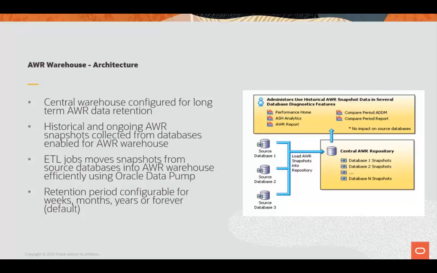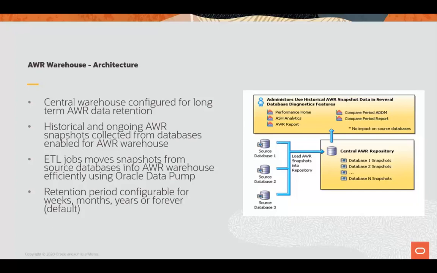So in order to overcome this, inside Oracle Enterprise Manager, we have this AWR Warehouse functionality. That means that you create an additional Oracle database that is going to serve as an AWR Warehouse repository. And then you configure Enterprise Manager. As you can see, you instruct Enterprise Manager which ones are going to be your source databases.